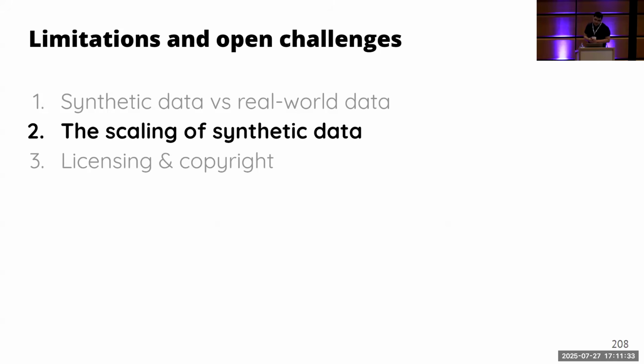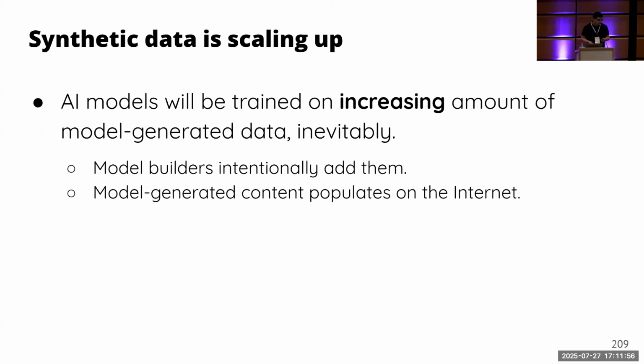Okay, next, I want to dive into the second challenge, the scaling of synthetic data. Today, we are seeing an inevitable trend that more and more model-generated content will appear in model training. This is not only because the model builders want to add them, but also because model-generated content might populate on the internet and get included in your training data unintentionally.